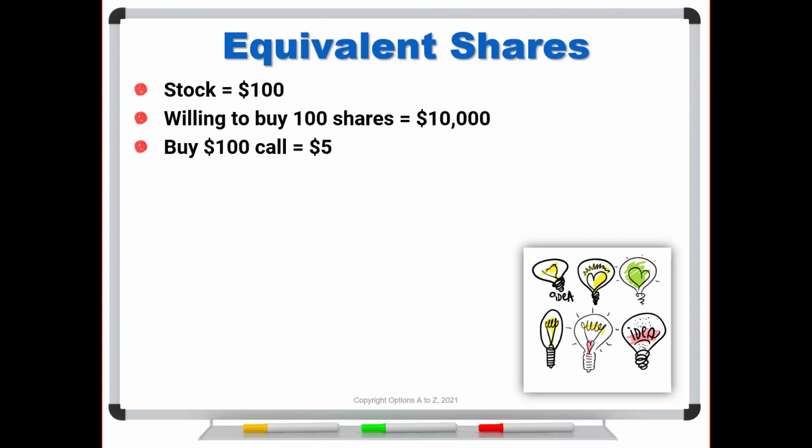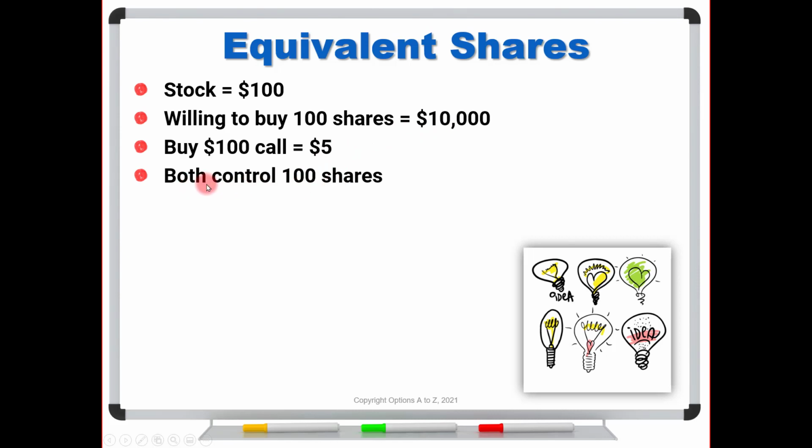Remember that each contract controls 100 shares, so that price that you see on the option, $5 in this example, must be multiplied by 100. So you could either spend $10,000 for the stock or $500 for the option. But regardless of which choice, whether you buy the stock or the option, they both control 100 shares.